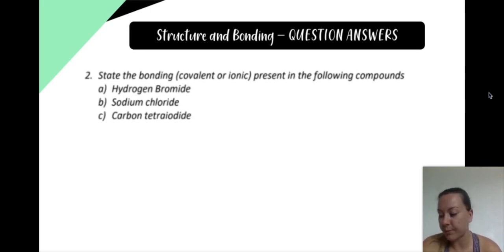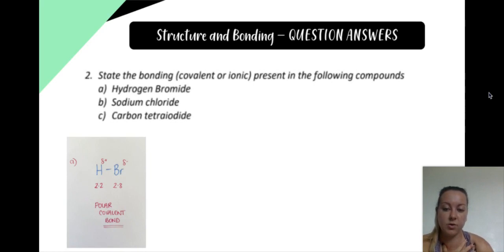I would then look up the electronegativities of the atoms. So hydrogen is 2.2 and bromine is 2.8. That is a difference of 0.6. That's over 0.5, so we're going to have to add the partial charges in because we have a polar covalent bond.